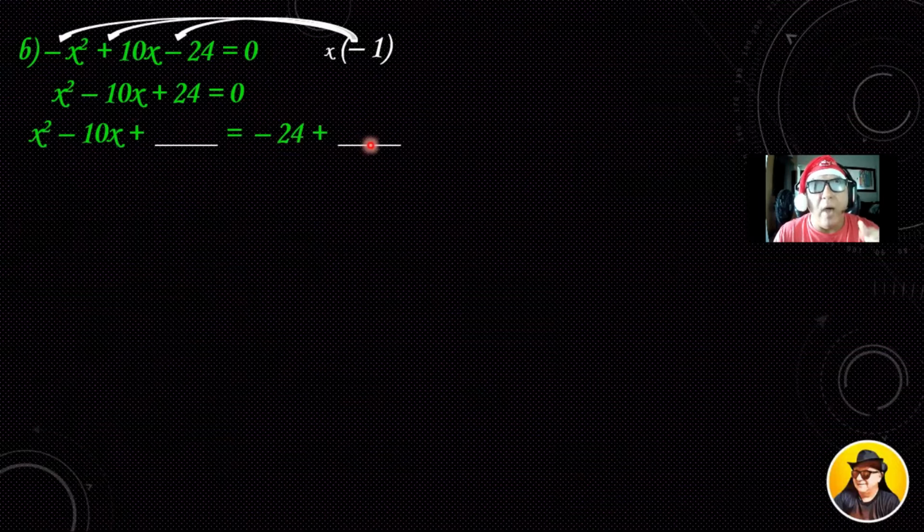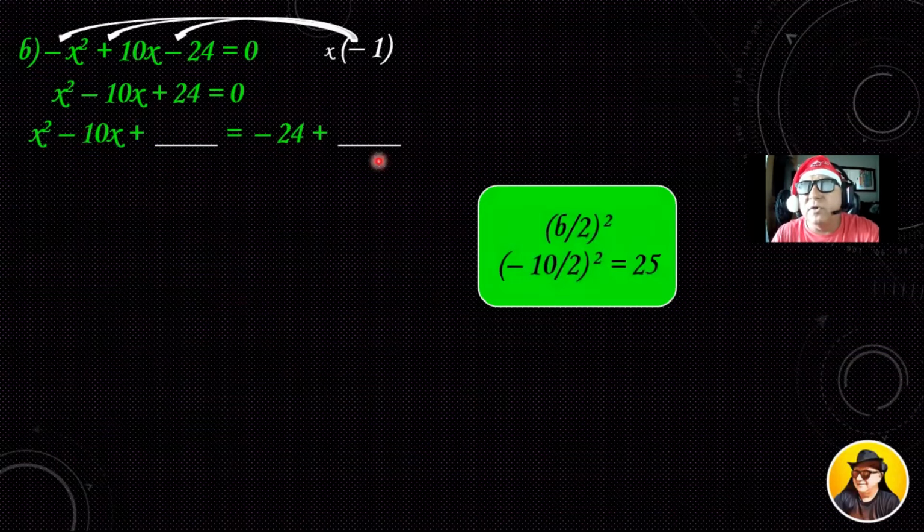Now, minus 10 is b, so b over 2 squared is minus 10 over 2 squared. Minus 10 over 2 is minus 5, and minus 5 squared is 25.